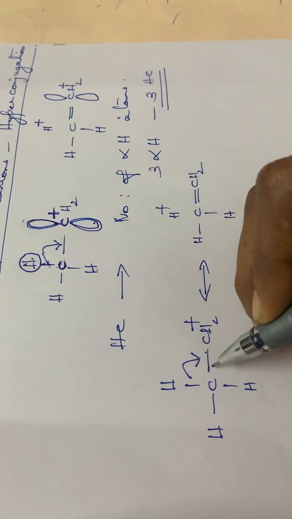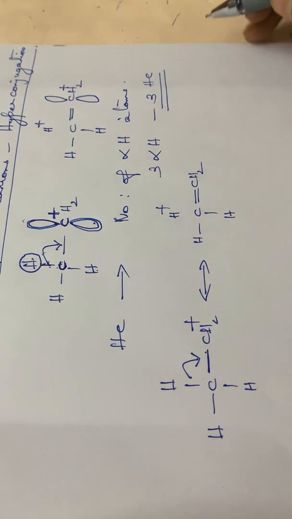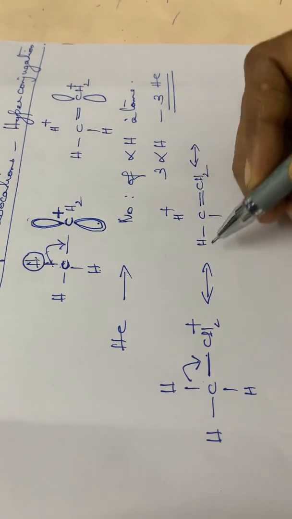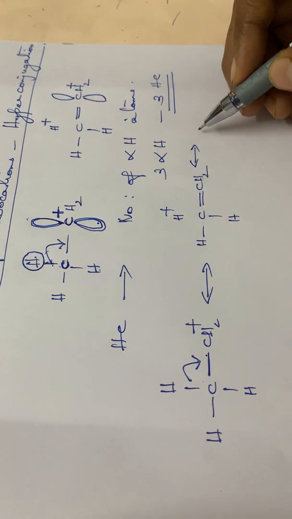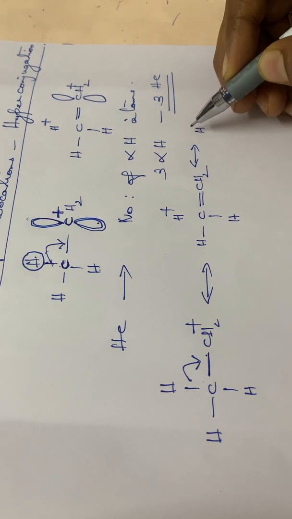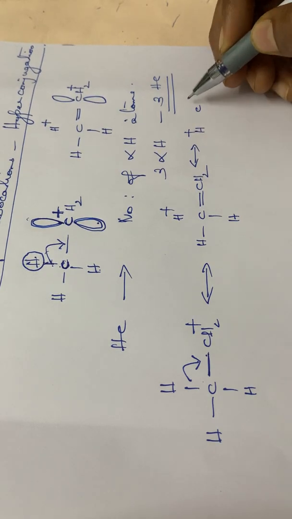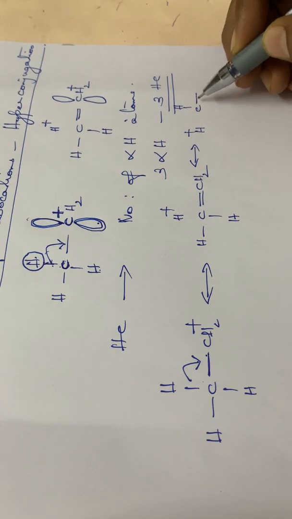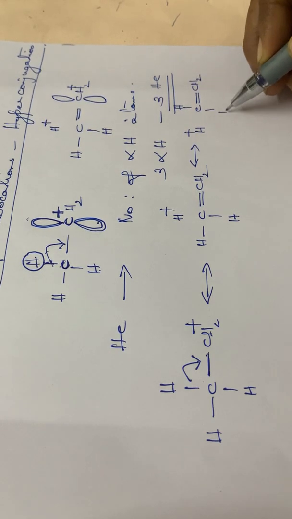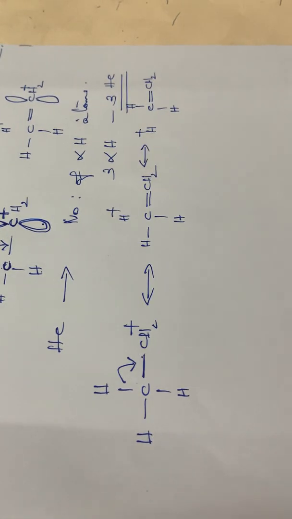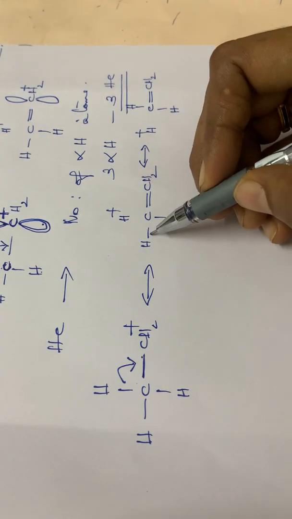This electron pair will be shifted here, so this becomes a double bond. Then the next structure, considering this hydrogen atom, it becomes H plus, then C, then here CH, then double bond CH2, again hydrogen. So this is the second hyperconjugative structure if this electron pair is moving.